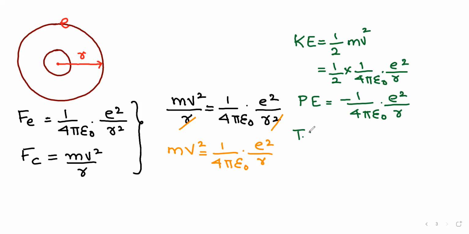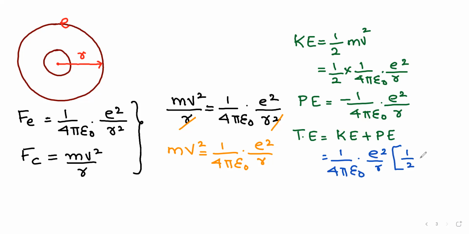So your total energy will be equal to kinetic energy plus potential energy, and the common factor is 1 by 4 pi epsilon 0 e square divided by r, and there is a half in the first equation and minus 1 in the second.